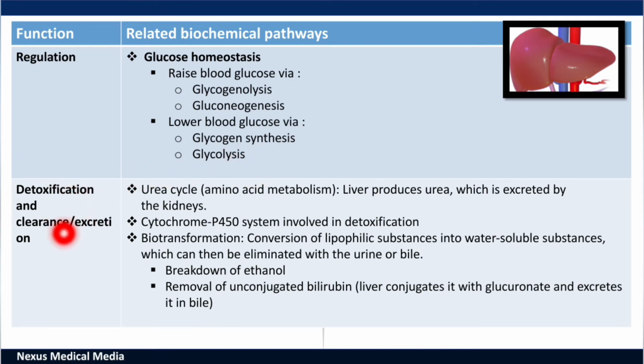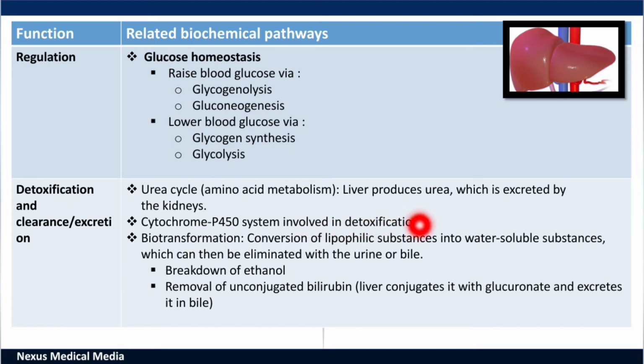Okay. Next one is detoxification and clearance or excretion. Right. So there are different pathways. First one is the urea cycle. Right. It's actually amino acid metabolism, and the liver produces urea, which is excreted by the kidneys. Next one is cytochrome P450.